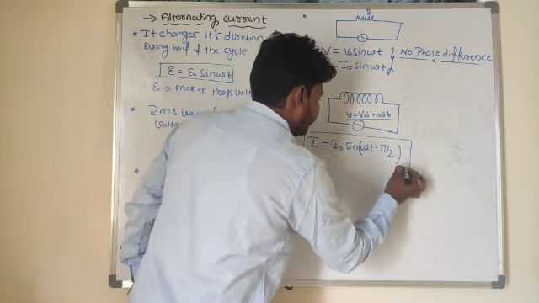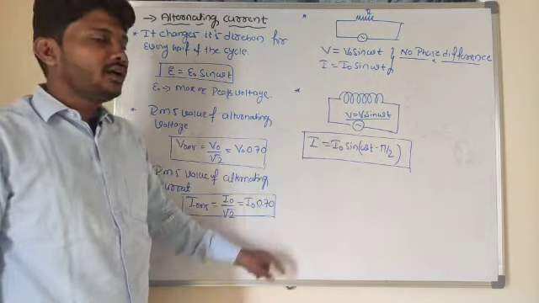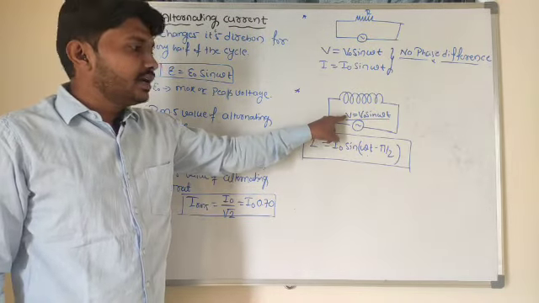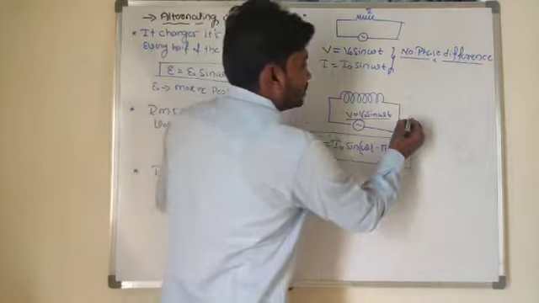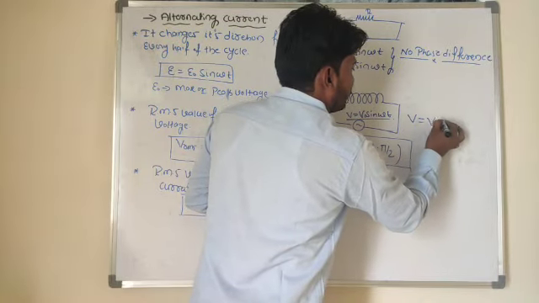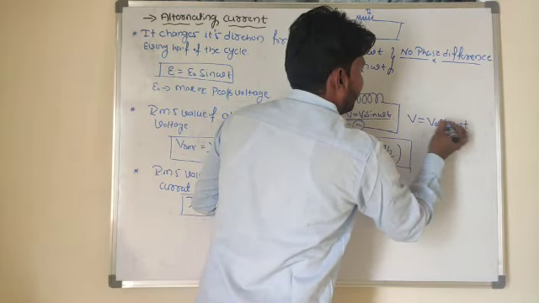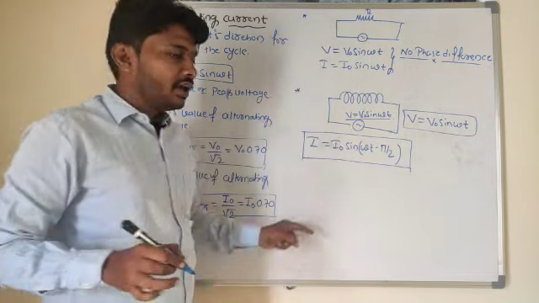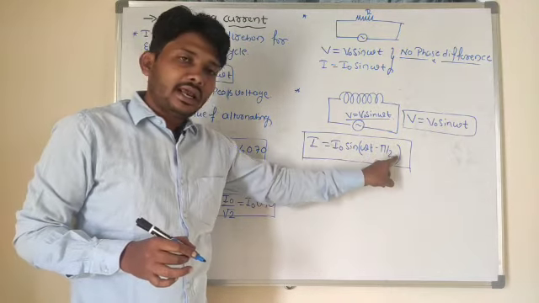Look here, this is the expression for current through the inductor. The supplied voltage is V is equal to V naught sine of omega into T, but the current value is sine of omega into T minus pi by 2.